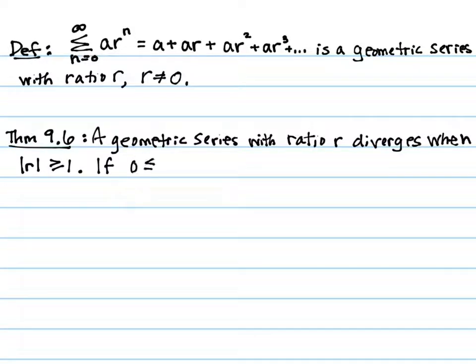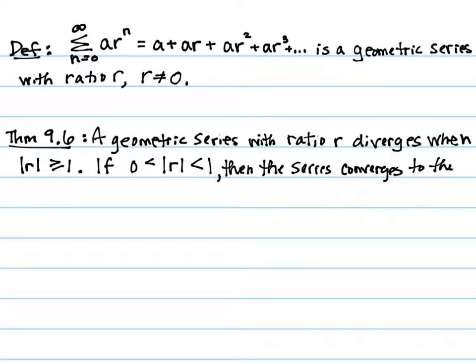If the absolute value of the ratio is strictly between 0 and 1, then the series converges to the sum. For the summation from n equals 0 to infinity of a r to the n, it's a over 1 minus r.